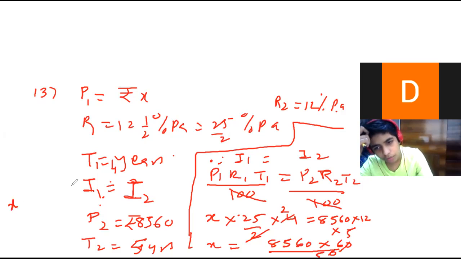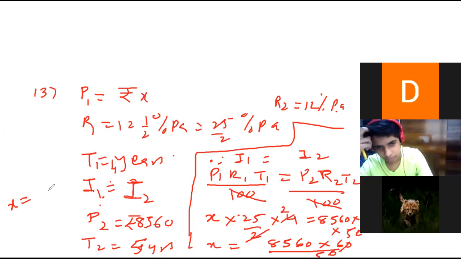Sir, what about the 5 which was down? It is not down, it is 8560 into 12 into 5, that is 60. Okay, you wrote it like that. Sir, what about 25? 25 into 2 into 2 is 50. I multiplied 25 into 2, 50 now. So now 5 into 1 is 5.